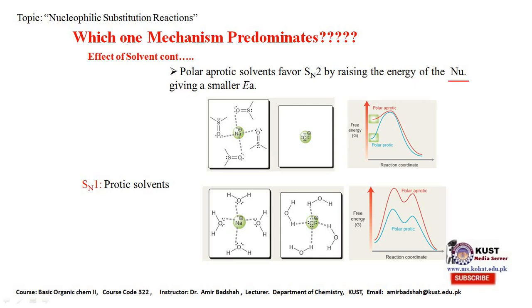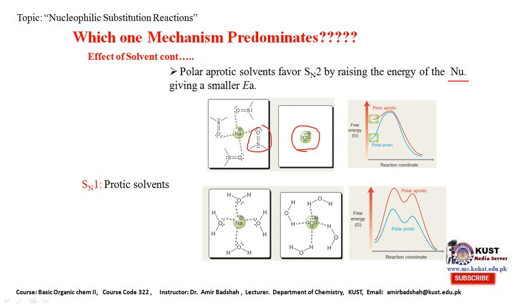Here, for example, a nucleophile has been formed. This nucleophile does not interact with the aprotic solvent. If there is no interaction, then the energy of this nucleophile will be higher.